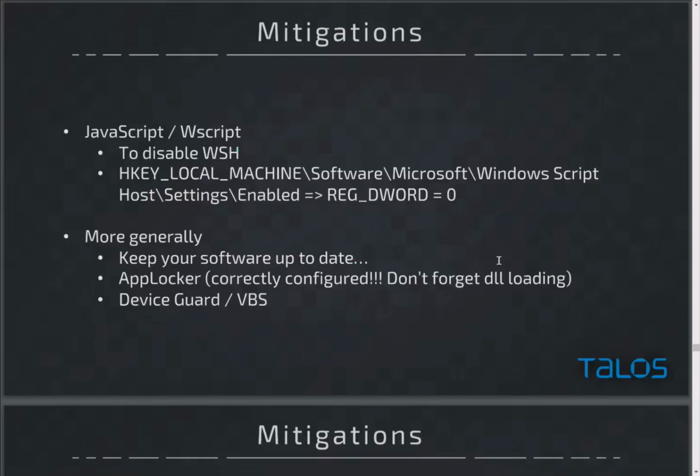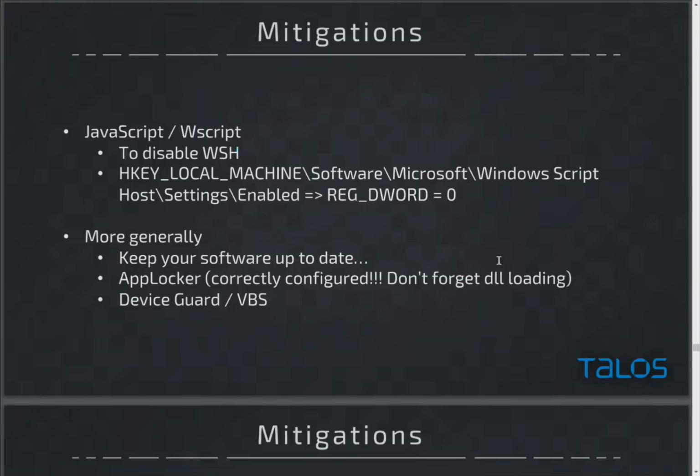You can definitely disable JavaScript and WScript. Generally, it does not generate problems, except if your company developed everything in JavaScript. So in this case, good luck. And more generally, update your system. As you saw on Friday last week, install AppLocker and configure it correctly. I see a lot of cases where people install AppLocker but do not include DLL protection.